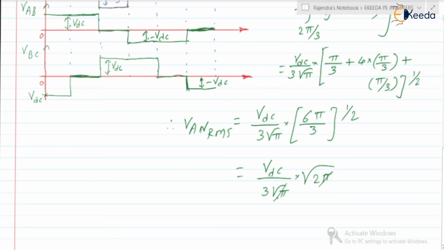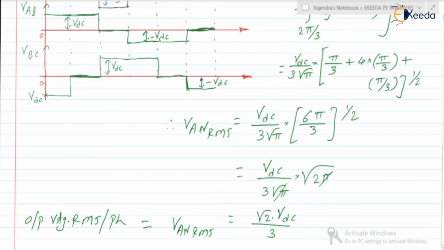The root pi gets cancelled, so it is root 2 into VDC by 3. This is VAN RMS, the RMS value of the output phase voltage per phase.